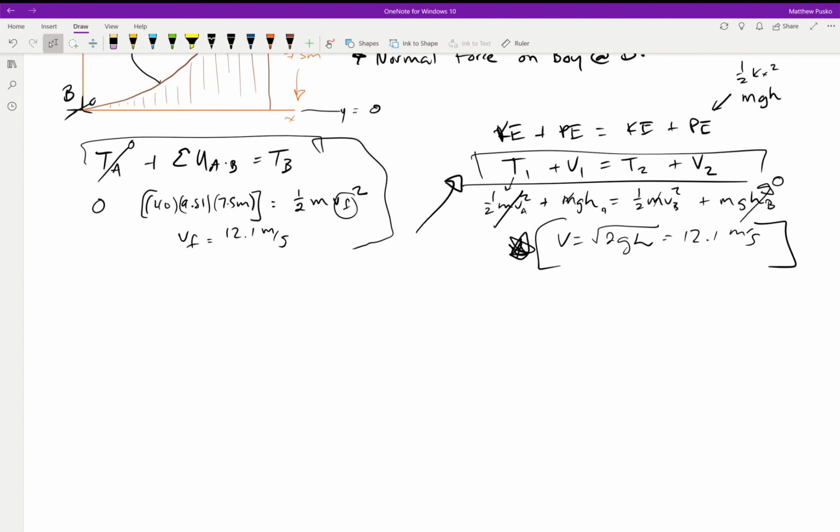Still, super important. Two of the best or most important principles in this class, in my opinion, for dynamics. In the future, you'll learn about something called the Lagrangian. It's another energy method. Just involves derivatives and partials.